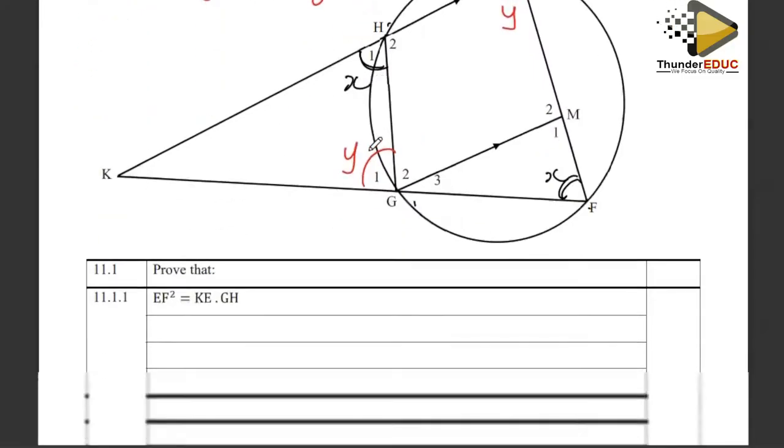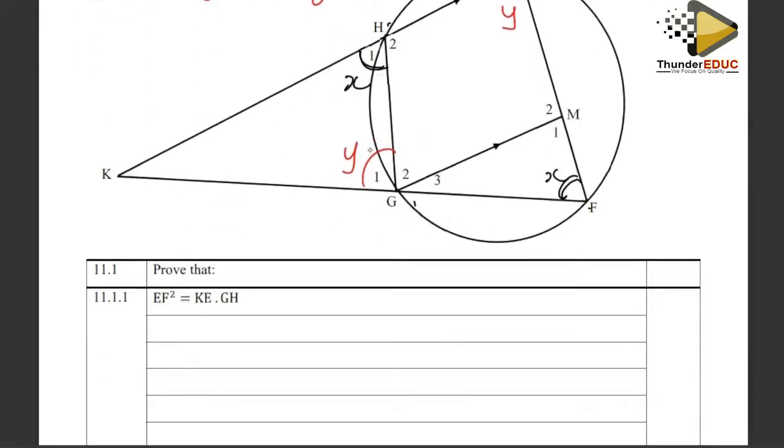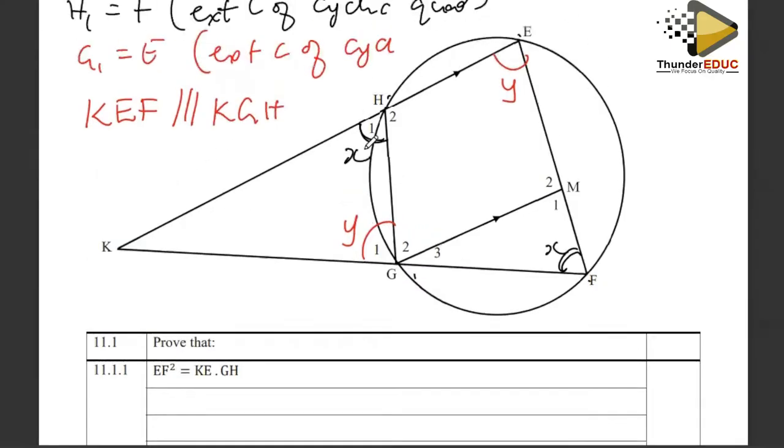So what I'm going to do to get this, I need to prove that triangle KEF is similar to KGH. Okay, so KGH, the same as KEF. So this small triangle and the bigger triangle, prove that they are similar. And then we shall be in position to do that. So what we're seeing is that both triangles are sharing a K. Okay, K is the same as K.